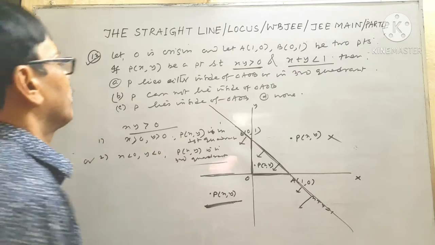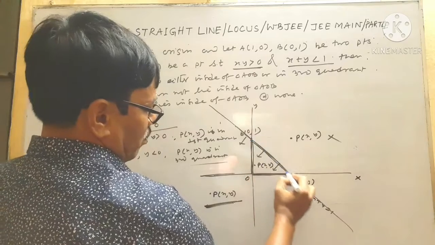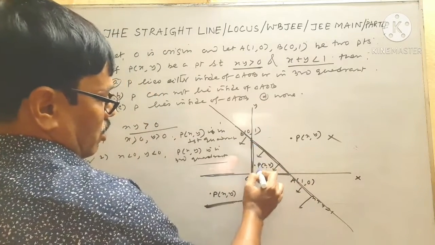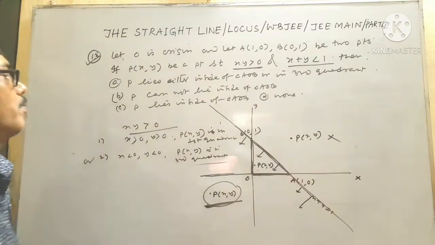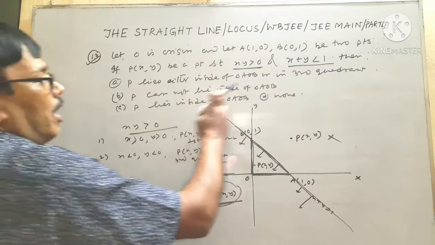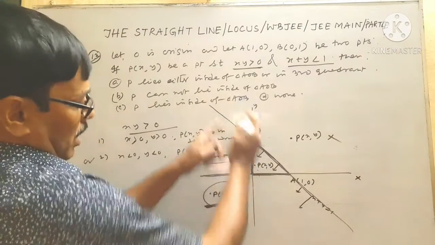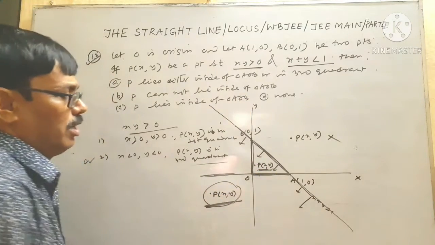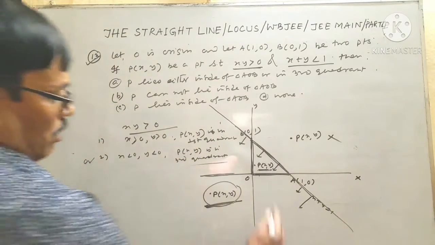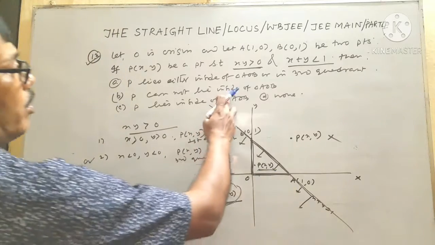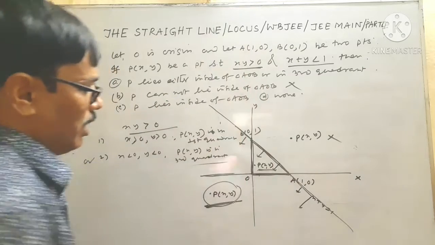So look at the options. A: P lies either inside the triangle AOB, which is possible in the first quadrant with x plus y less than 1, or in the third quadrant. So this is a possible option. B: P cannot lie inside AOB. It may lie inside, so this is not true. C: P always lies inside AOB.